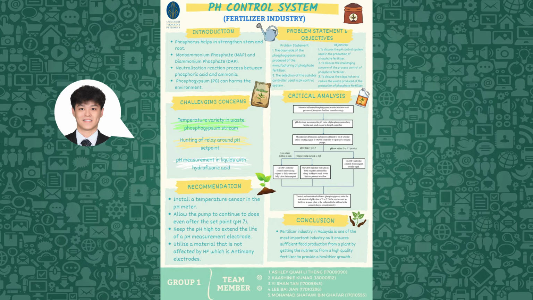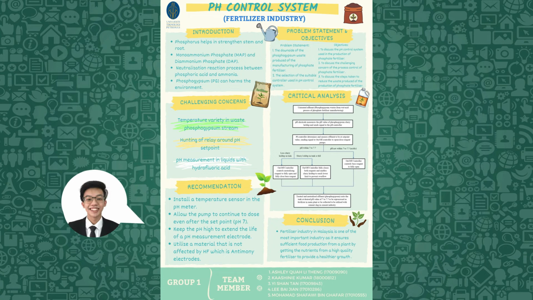The waste phosphogypsum stream contains residual hydrofluoric acid, and this acid has high reactivity towards glass and the ability to dissolve glass. This characteristic will dissolve the glass electrode in the pH control system and cause the pH measurement to be inaccurate.